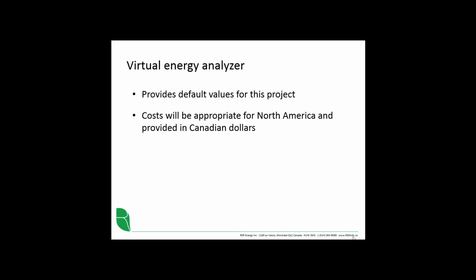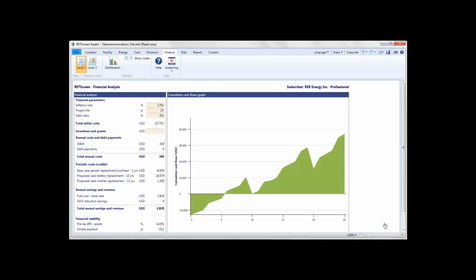Furthermore, we've done our analysis in US dollars, but when RedScreen's Virtual Energy Analyzer provides costs, it provides it in Canadian dollars. So we will have to do it in Canadian dollars. And just to put these numbers in context, at the time of recording, there's about $1.35 Canadian per US dollar.